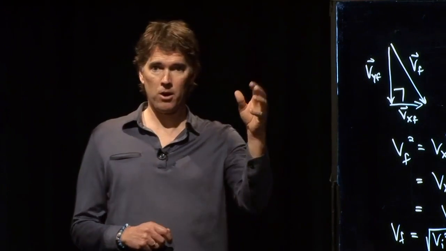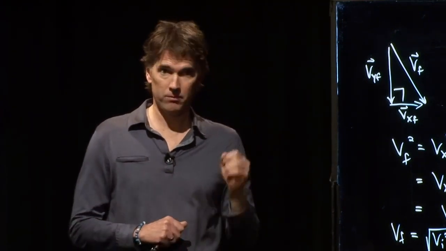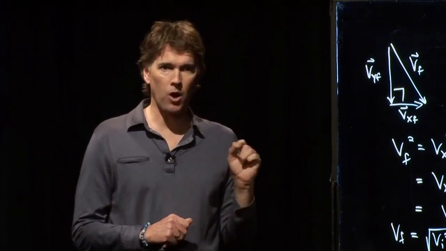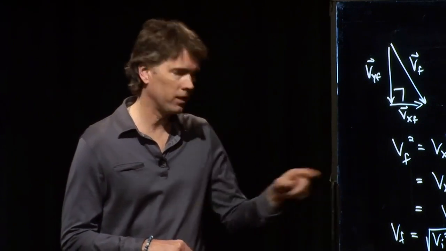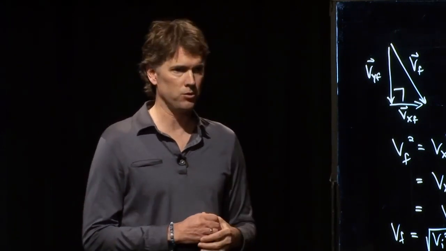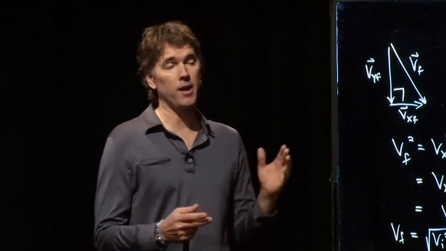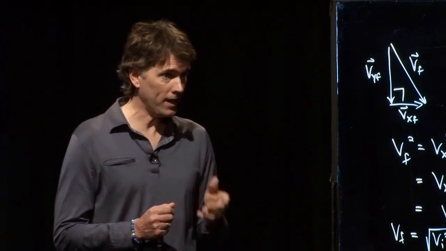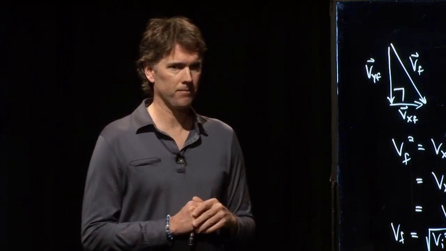However you throw that ball off the building, any direction you want, if you throw it with initial speed Vi, it's always going to hit the ground with a speed that is given by that equation right there. Square root of Vi squared plus 2gh. It's independent of which direction you throw it. Now the final velocity will change direction, of course, but the speed will be exactly the same.